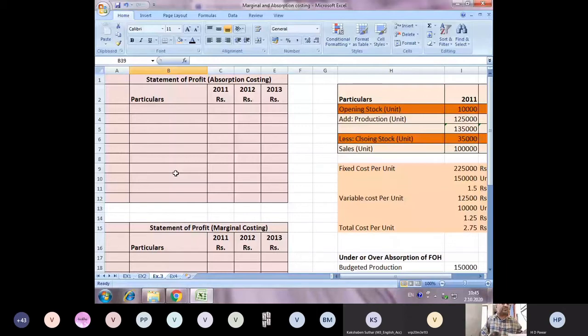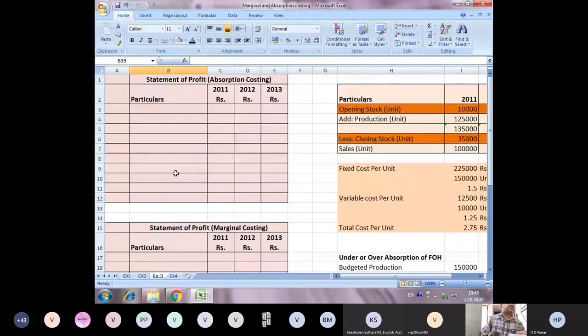Okay, so here you can see in the balance sheet, finished goods is given as 27,500 on page number 41. Clear? And the bifurcation of it is given here: 12,500 is variable cost, marginal cost, and 15,000 is fixed cost. That is 27,500, and the number of units is 10,000.